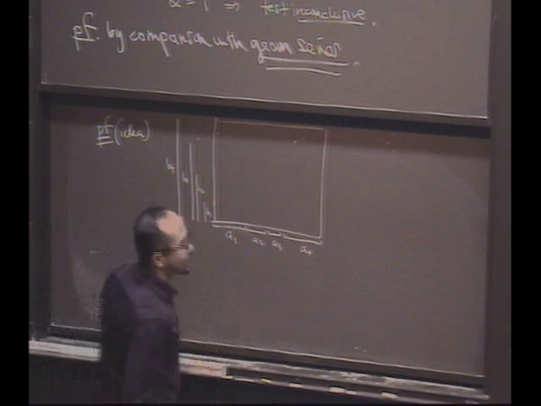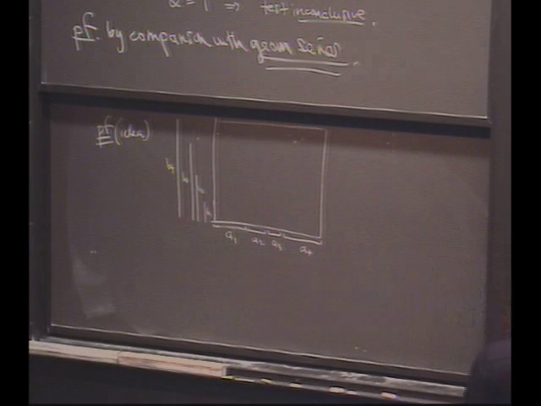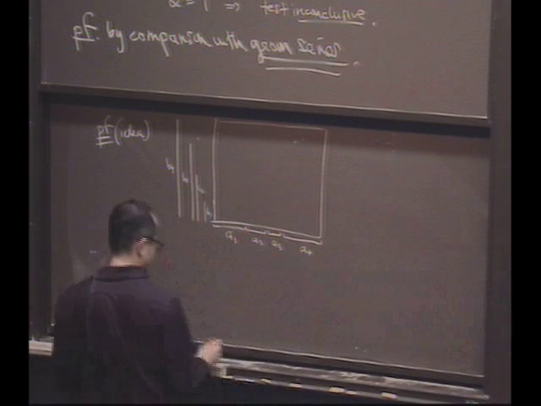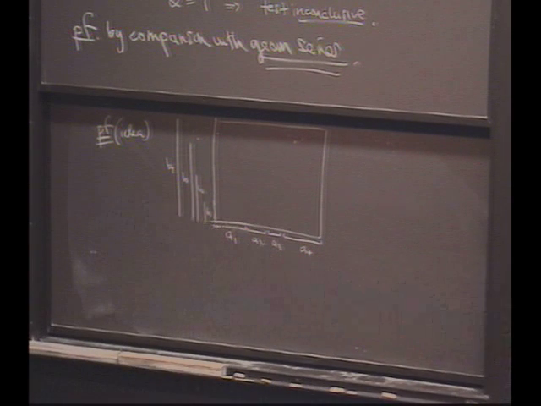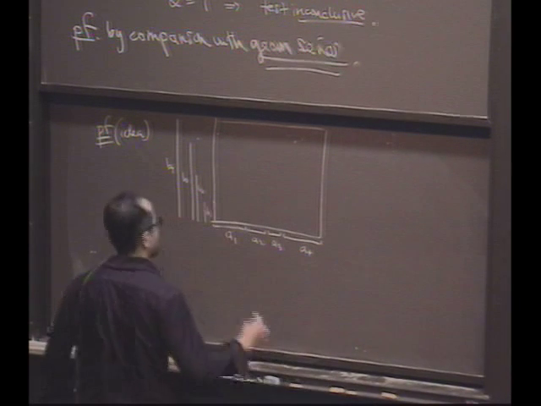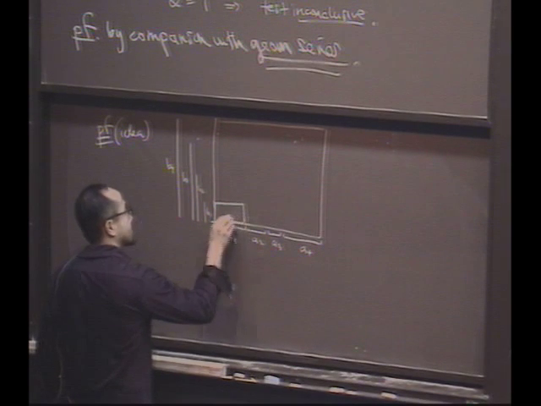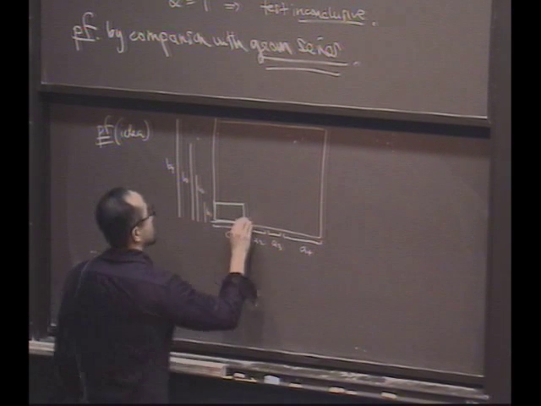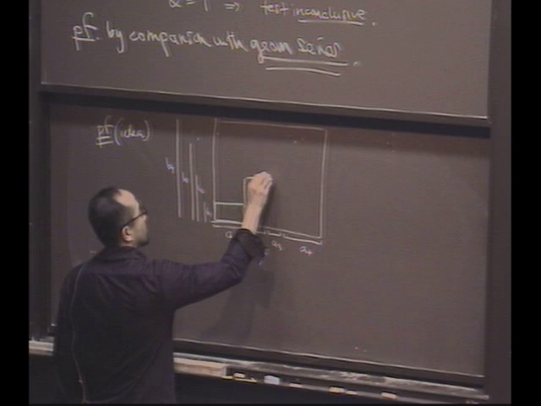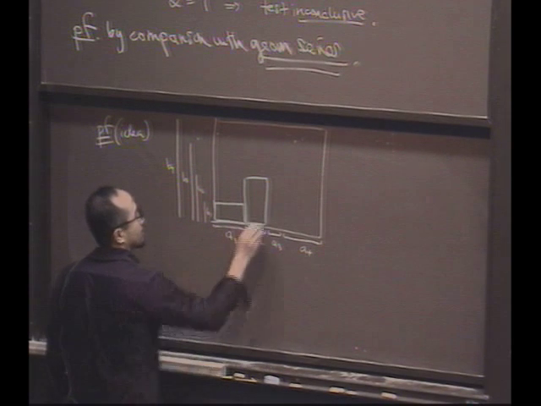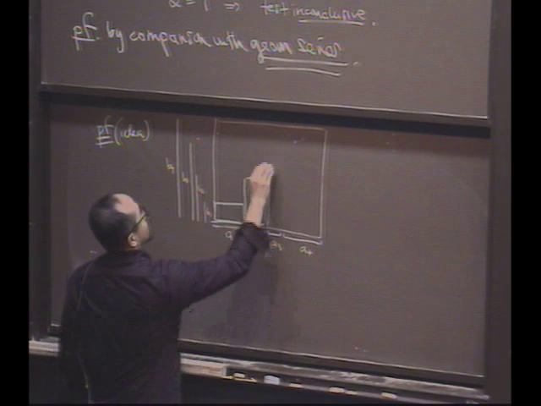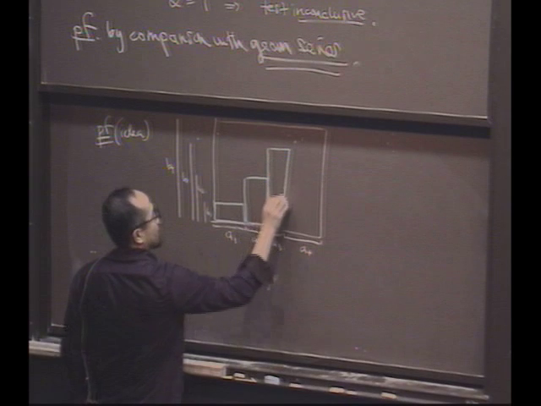Watch. What is the sum of a_n b_n? It's adding up these areas, isn't it? The sum of a_n b_n is the following. This is the first thing in the sum, this area. This is the second thing in the sum. This is the third thing in the sum.